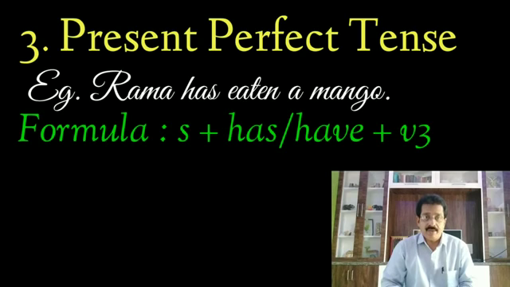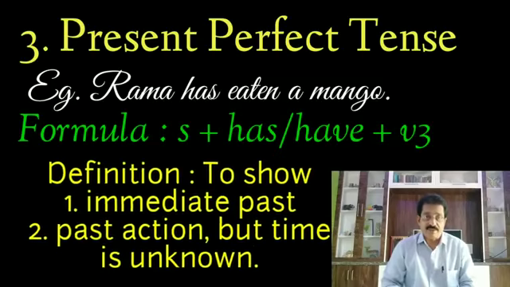And have is automatically used with all the other persons: first person singular and plural, second person singular and plural, and third person plural. Have is used. Now when do we use it?